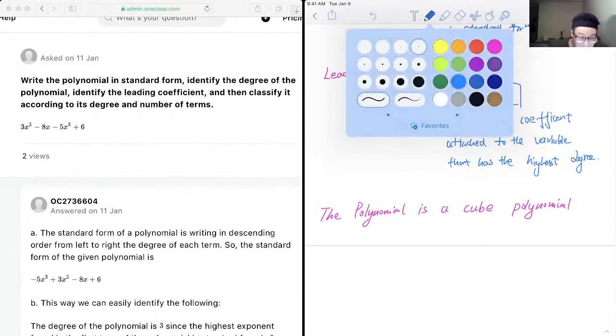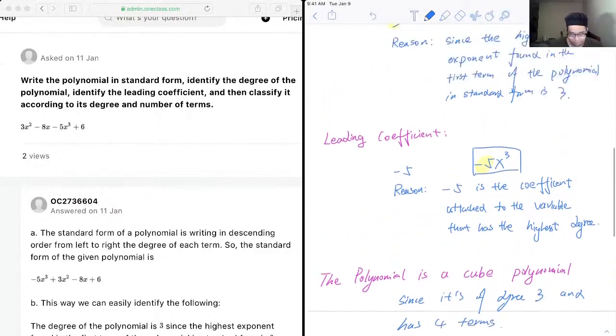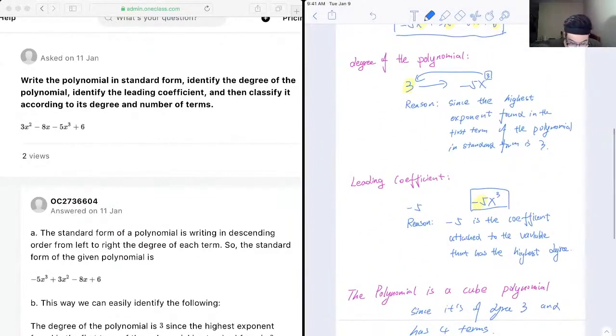And the reason why is that it is of degree 3 and has 4 terms. So that's what we have for this question.